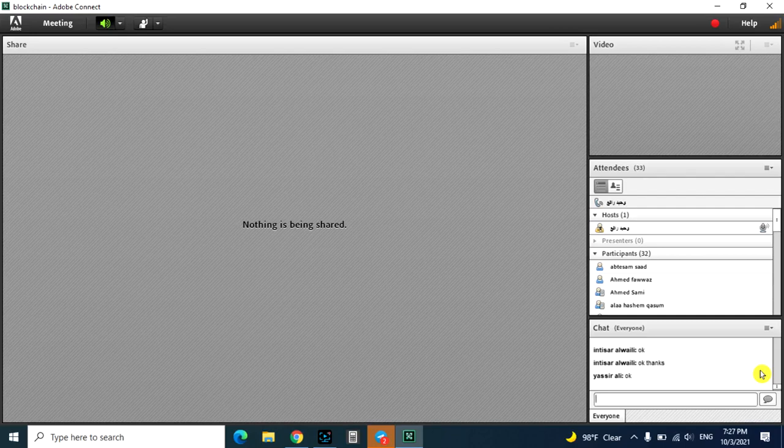By transaction, for example, I want to buy a car. I give the money in Bitcoin. So I create a transaction, transferring the Bitcoin to the owner of the car, and using this transaction, I buy a car. Okay.